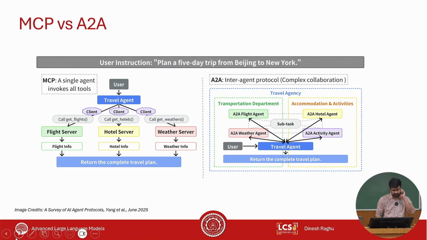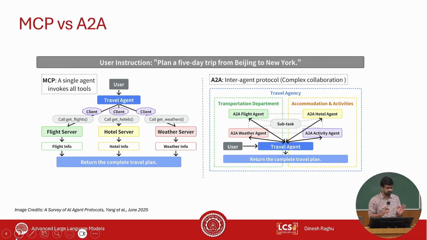Given that we've seen one inter-agent protocol and one context protocol, both are meant for two different tasks. So you can of course combine both, and use both protocols in your AI application. Let's say you've decided that you're not going to use A2A, you're just going to use MCP.